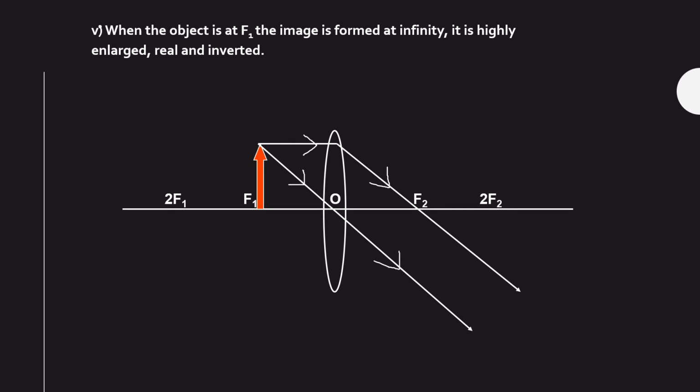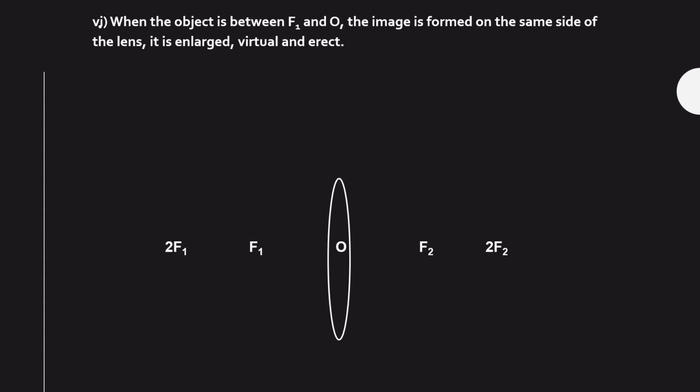Both the rays are parallel, so there is no image formation on the other side of the lens, not even in the immediate vicinity. Both the rays run parallel and the image is understood to be formed at infinity. So the image is highly enlarged, real and inverted. The image is formed at infinity. So these are the characteristics of this particular ray diagram. Let us move on to the next ray diagram.